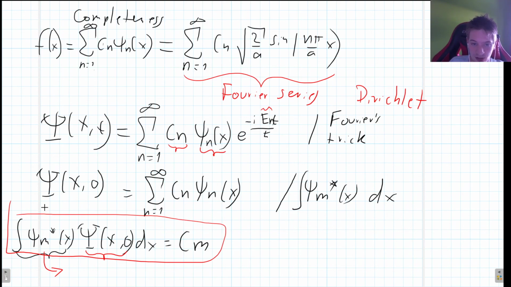Then we plug these coefficients into this equation right here and we get our wave function. And with that wave function we can compute whatever measurements we want to do.